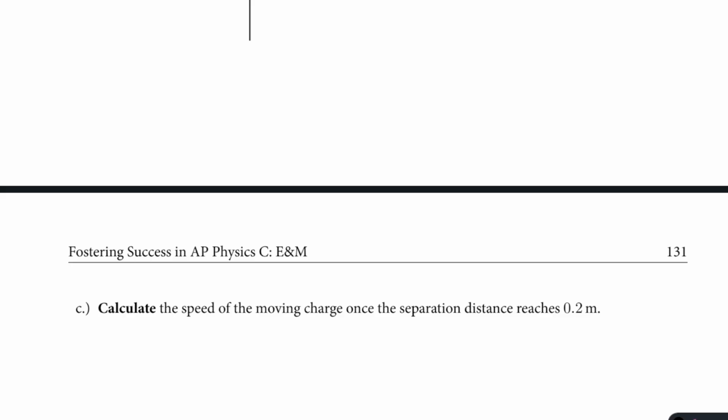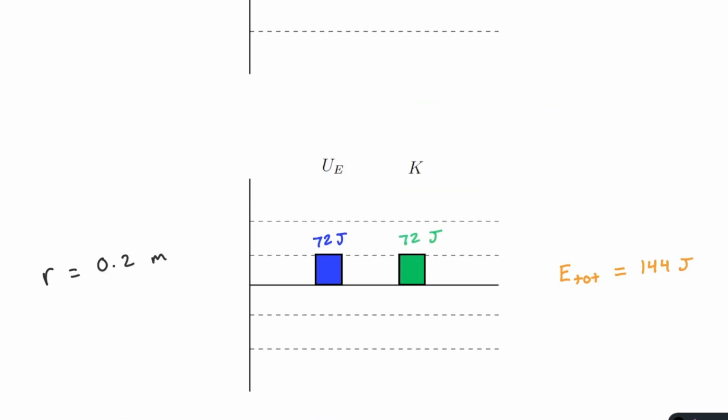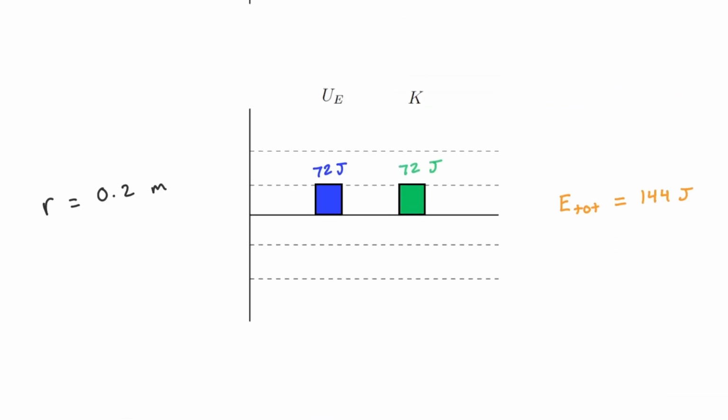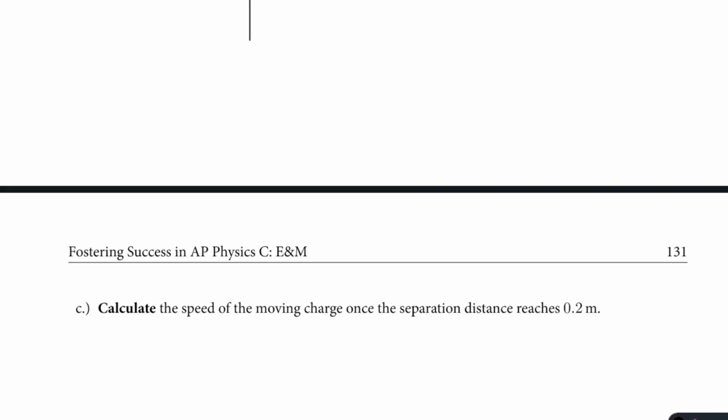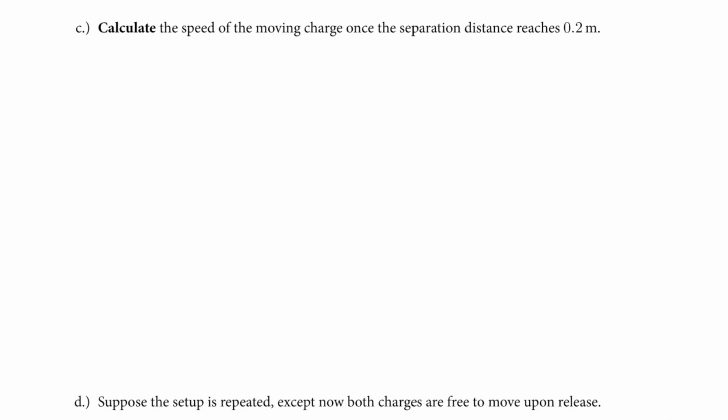So now we can calculate the speed of the moving charge. What's important here is that we actually know the kinetic energy of the charge, because we're only letting this charge move. So we know that the kinetic energy at that time has entirely gone to the moving charge. We'll just use our good old-fashioned K equals 1/2 mv squared for energy. So we'd get 2K is equal to mv squared.